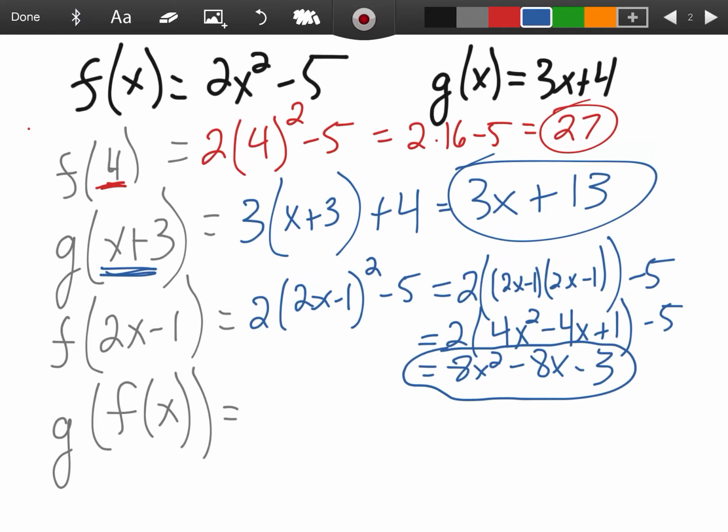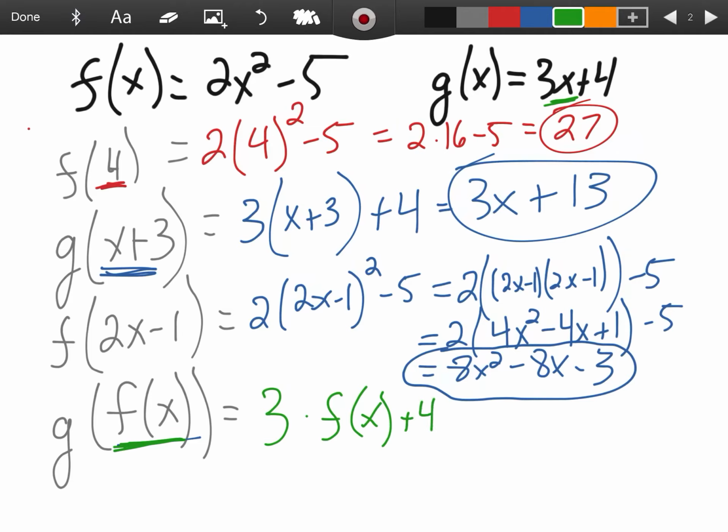Now for this last one, this is actually function composition: g of f of x. Well, for g of f of x, we're just going to take f of x and substitute it in. Here, I'll switch over to green. We're going to take f of x and substitute it into g of x wherever we had an x. So that's the same thing as 3 times f of x plus 4.